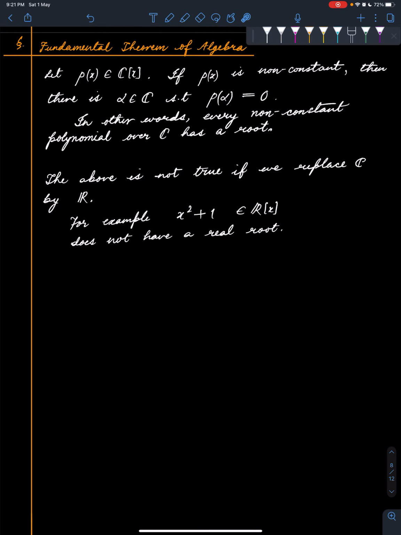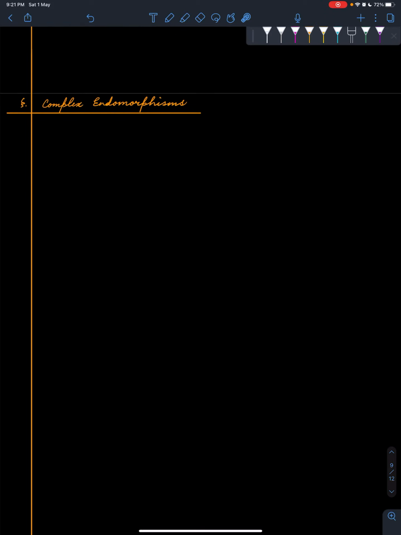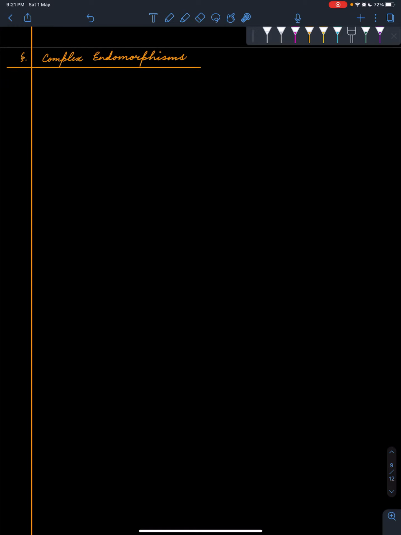Okay, so now we'll use this theorem to prove that every complex linear endomorphism has an eigenvalue. So here is the theorem. Let V be a complex vector space. And let's say the dimension of V is at least 1. Otherwise it's anyway not interesting.